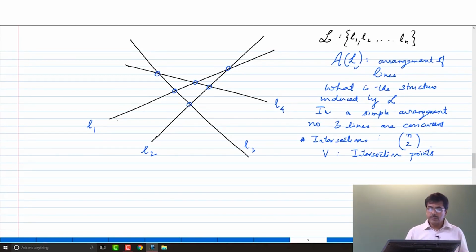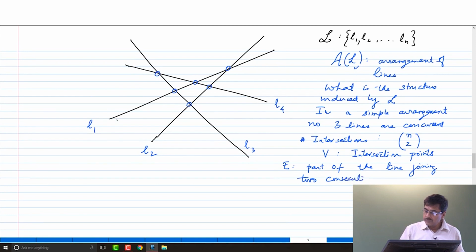Right. Now, clearly the edges will be basically the part of the line joining consecutive intersection points. So then basically this is an edge, this is an edge, this is an edge.